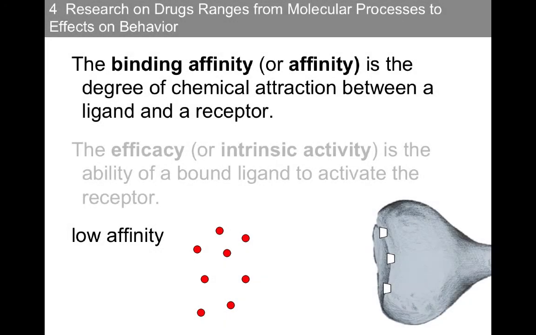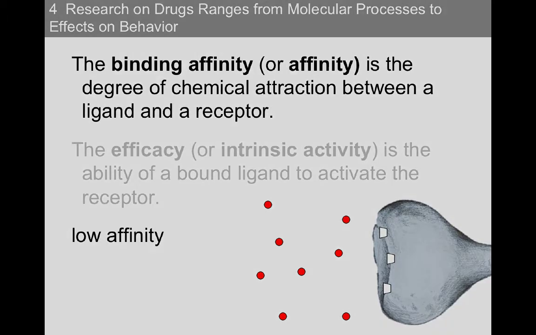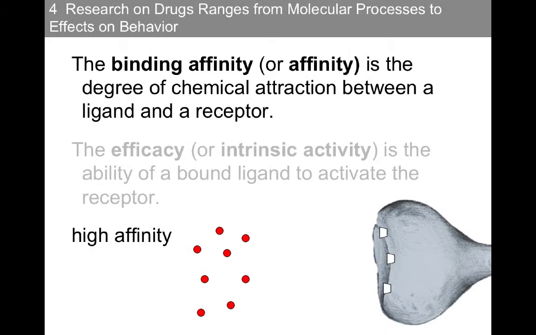If they're low affinity, they slowly travel across the synapse. They're not that attracted to the receptors. As a result, they're less likely to activate it. Now, if these were high affinity ligands, we can expect that they would be highly attracted to the receptors. They would go straight to the receptors really quickly.